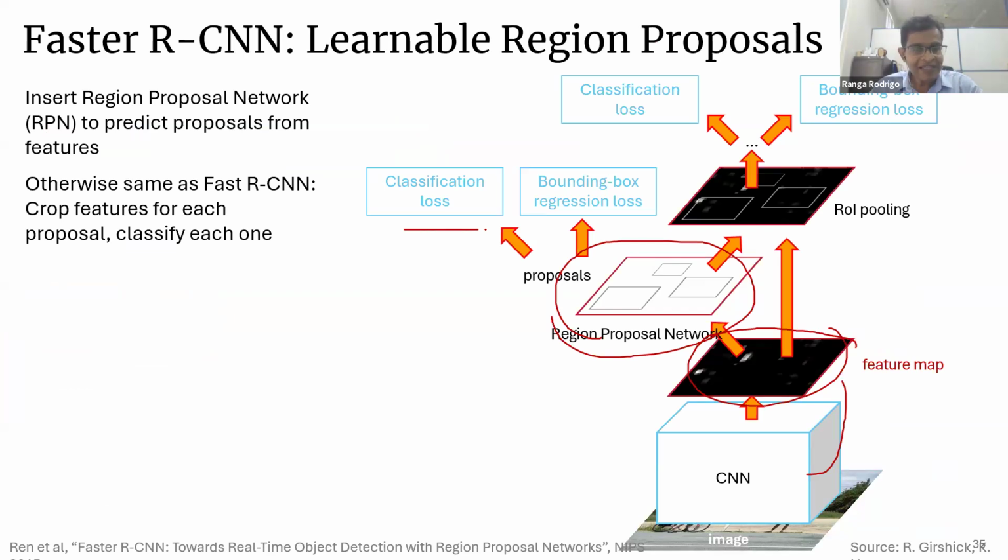And here the classification loss and the bounding box regression loss can be applied on the region proposals. There is a different training recipe that maybe I will not talk about too much. This is called an RPN, region proposal network. That is what came in Faster R-CNN.